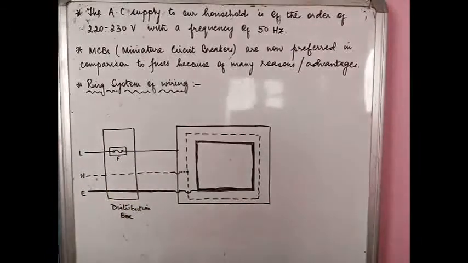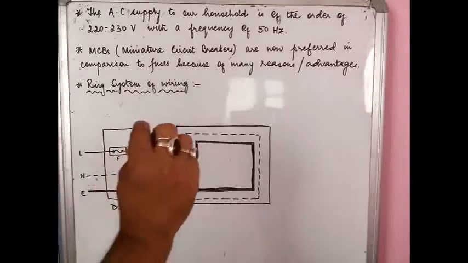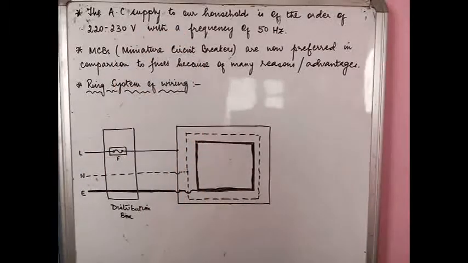There does not need to be any replacement of the MCB. Whenever you have a normal supply, you can always put up the MCB switch which has tripped down. Okay, so that is one reason, and obviously it facilitates a lot of convenience. You don't have to keep on replacing the fuse.